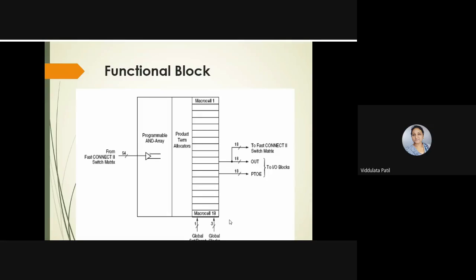In CPLDs, if we are considering the case of XC9500, then there are three global clocks present and one set and reset signal present. That will be connected to these macro cells. So that is about the functional block of this CPLD.